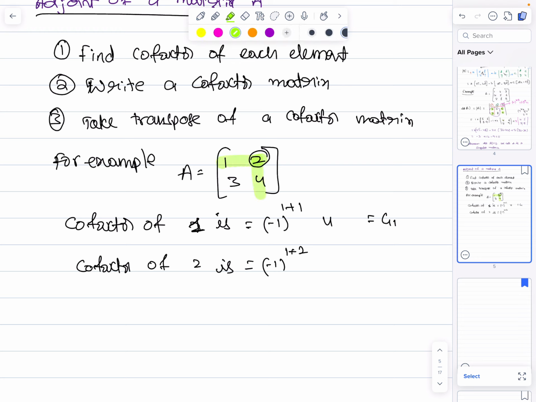Therefore, the leftover element is 3. Therefore, 3 is the C12, first row second column.